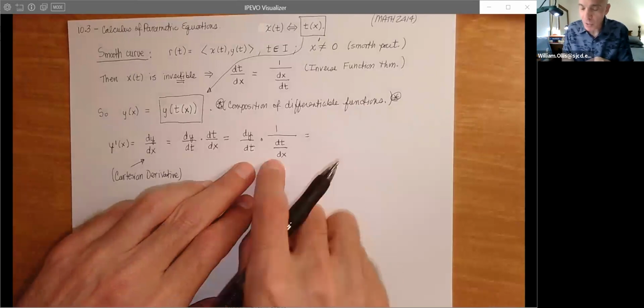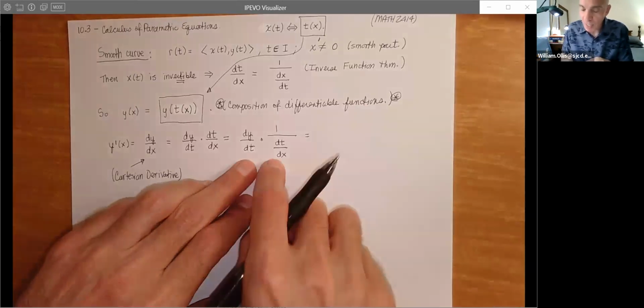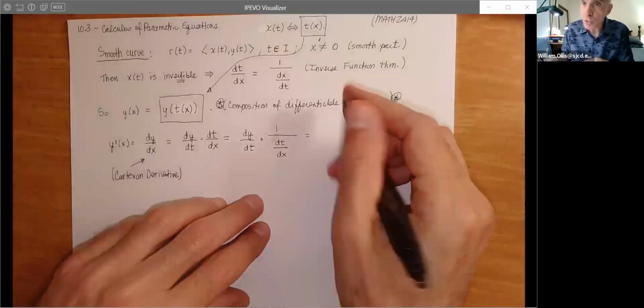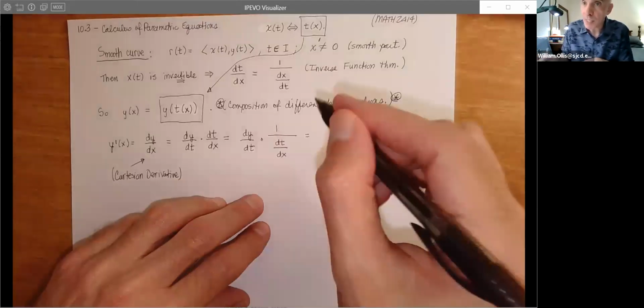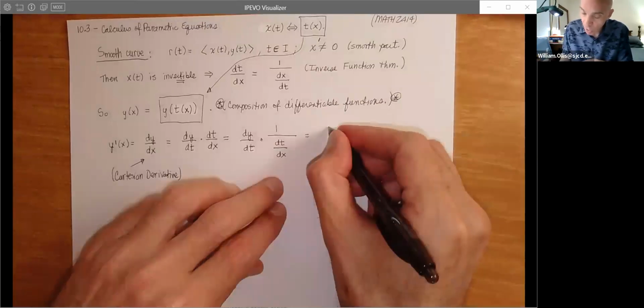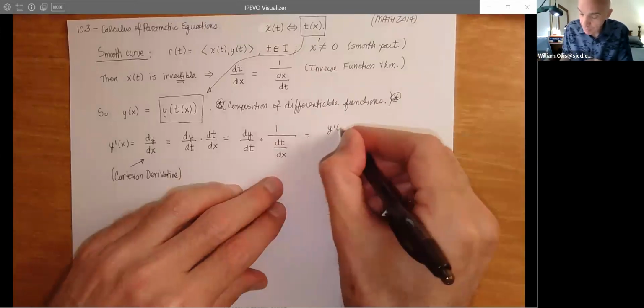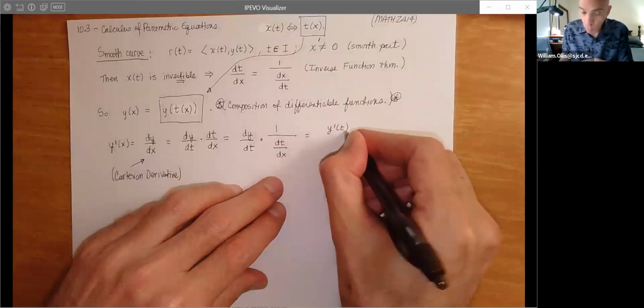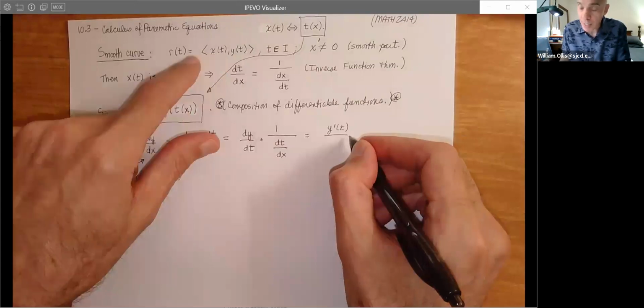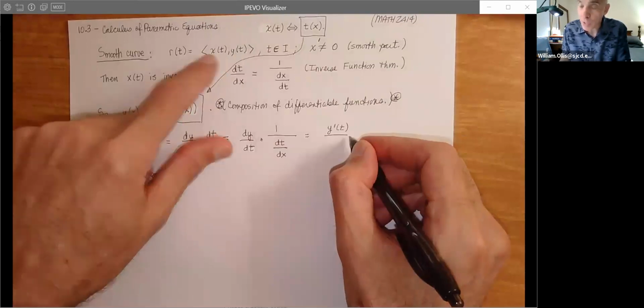So now what we can do, since we are looking at both of these as functions of t, is use the prime notation with the t dependence. So now we can write this as y prime of t, where we're looking at the variable that we started with in the parametric representation.